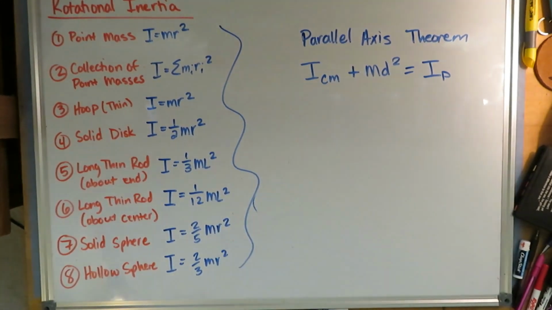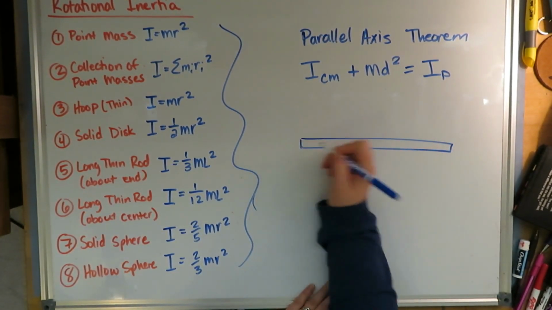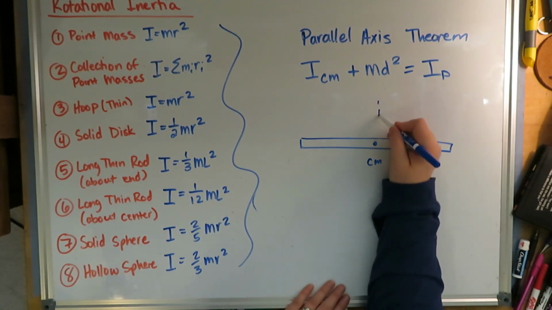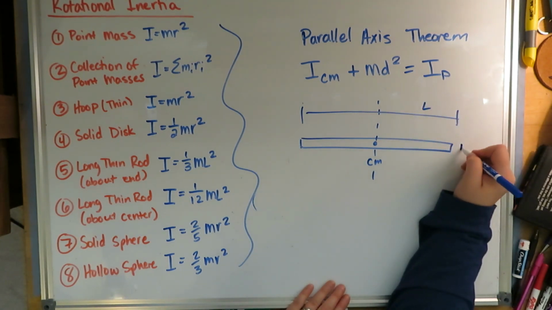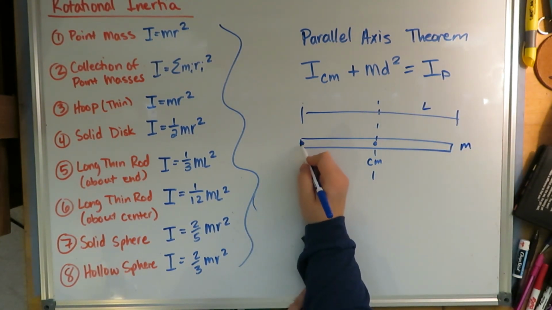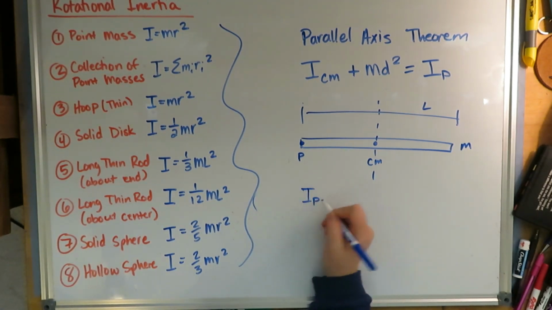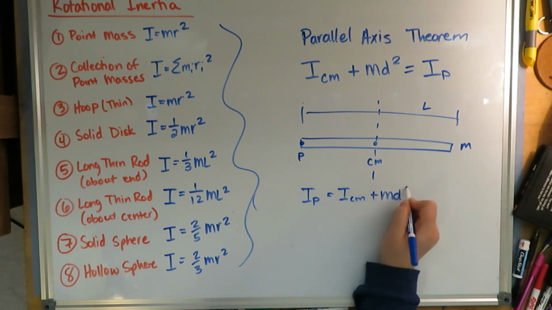In a different example, let's look at these rods. If I had a long, thin rod here, its center of mass would be here at the center. So if I had a length L and a mass M, and I wanted point P to be this point at the end, I could say that the moment of inertia at point P is going to be I about the center of mass plus md squared.